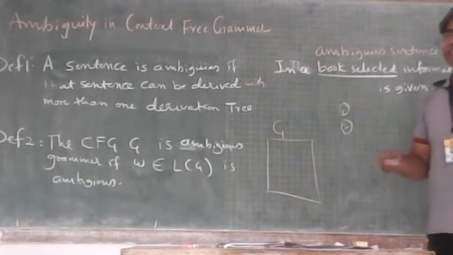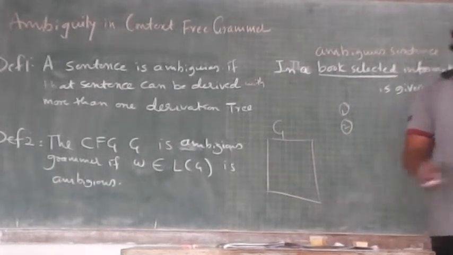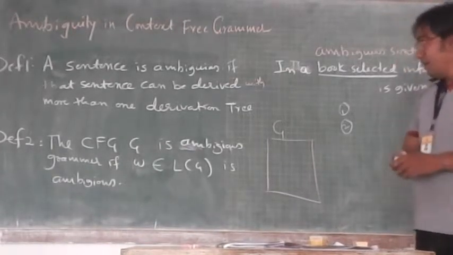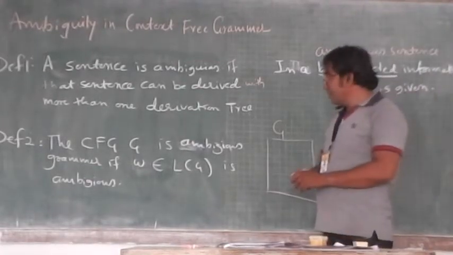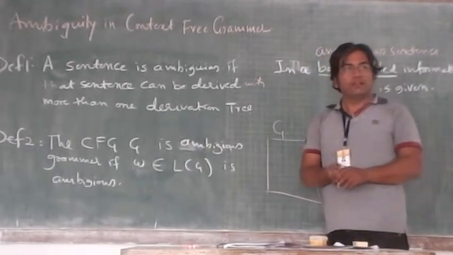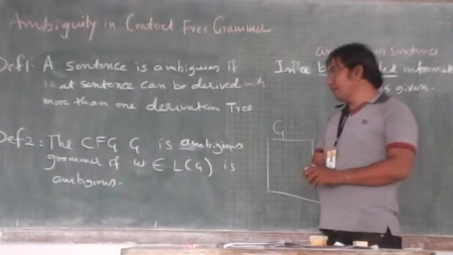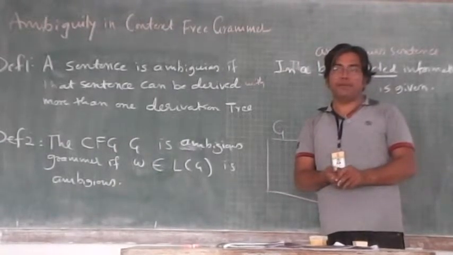In the first definition we defined what exactly an ambiguous sentence is. That first definition tells us a sentence is ambiguous if it can be derived with more than one derivation tree. Such a sentence I can call an ambiguous sentence.